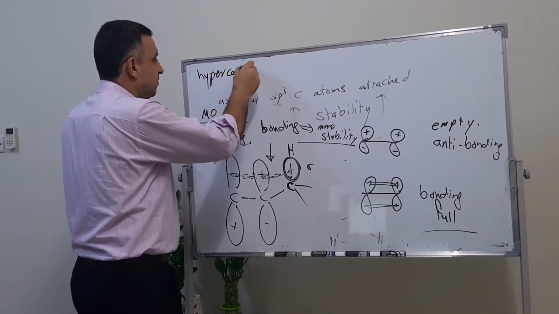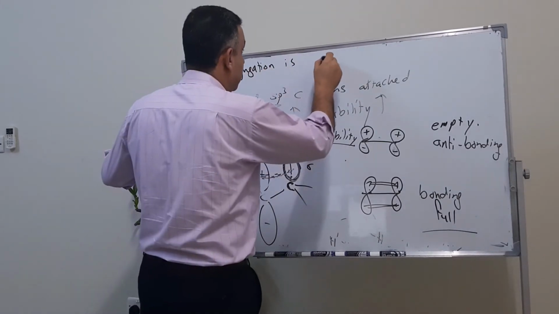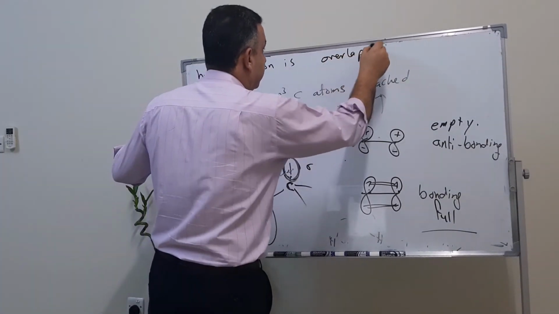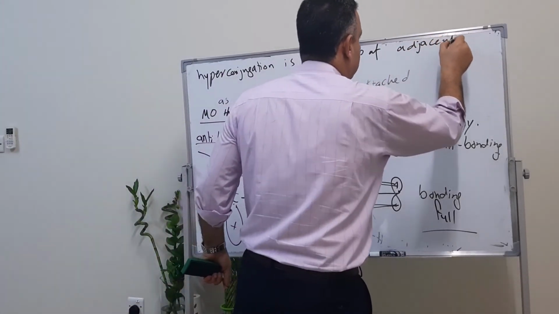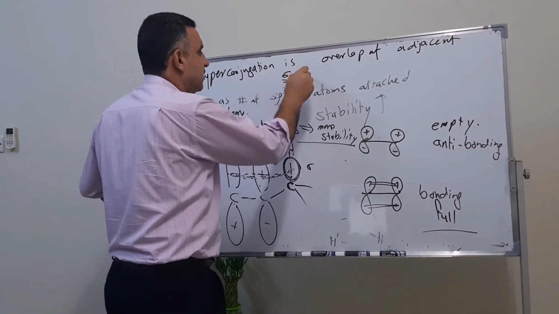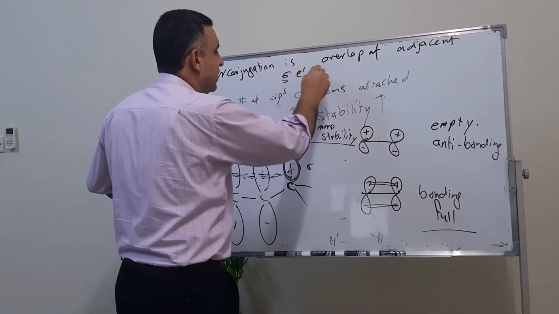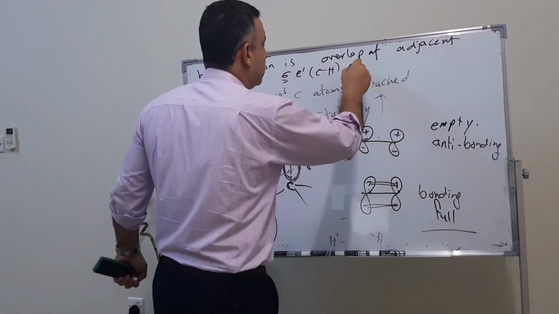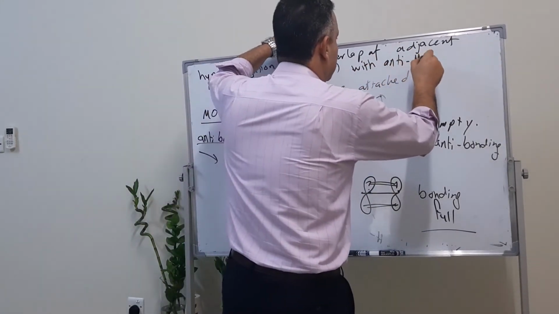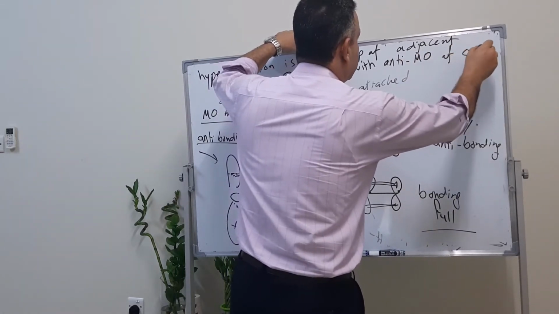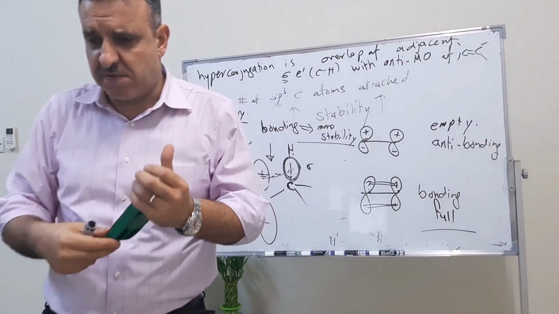Hyperconjugation is overlap of adjacent sigma electrons, which are present in carbon hydrogen, with the anti-bonding molecular orbital of the carbon double bond carbon system. That's actually the definition of hyperconjugation.